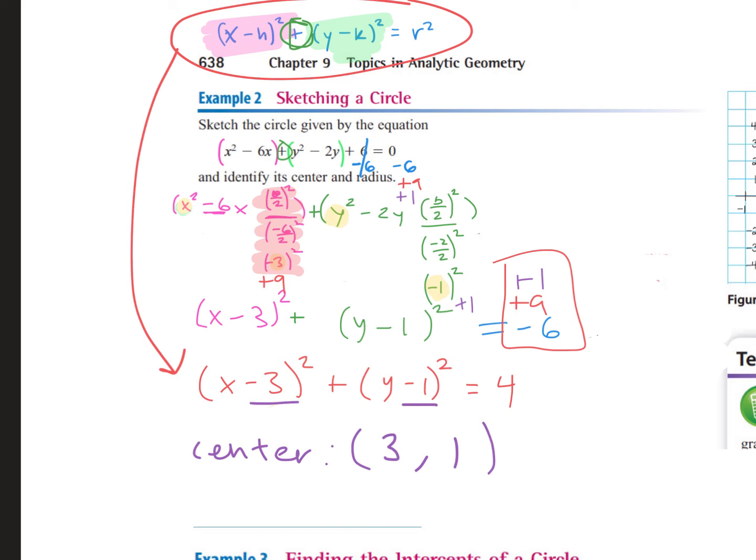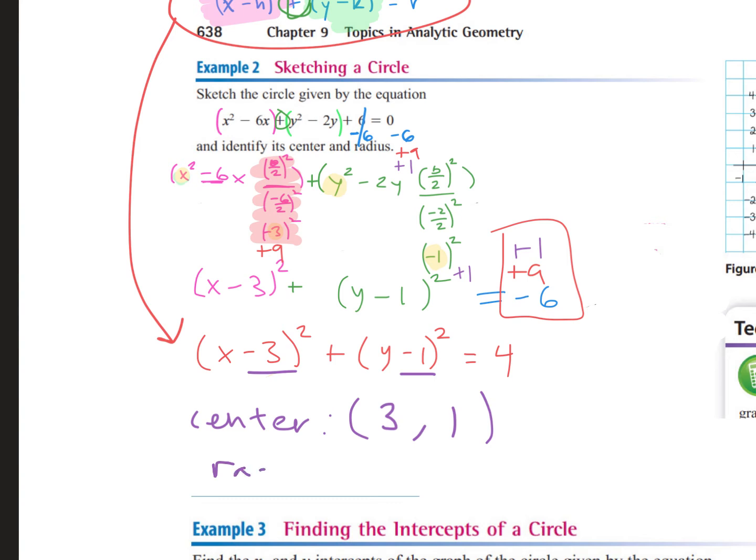So since we have a minus 3 and minus 1, it becomes positive 3 and positive 1. And then what is my radius? Perfect. 4 is my r squared, so if r squared is equal to 4, I would just take the square root. So my radius is 2.